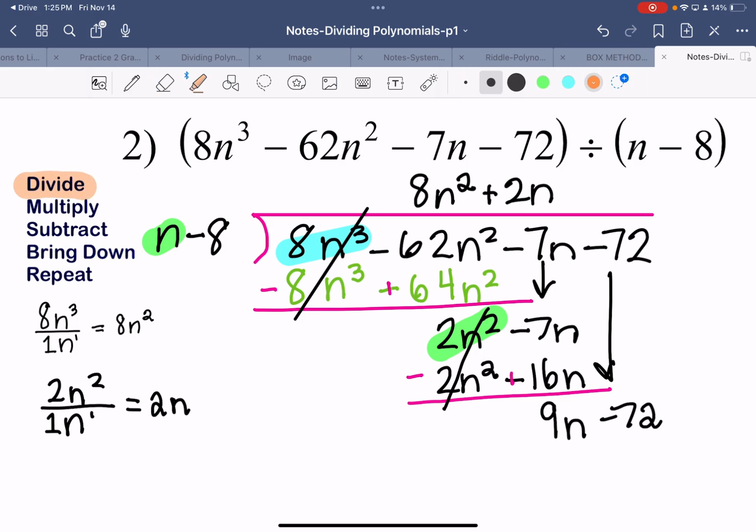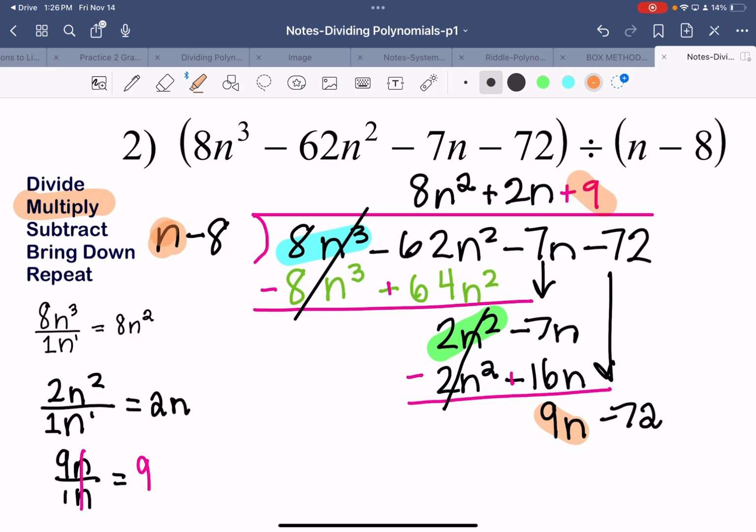So divide. n times what is going to give me 9n. In other words, you're dividing 9n by n. That gives us our n's canceling. And all I get is 9. So here's a 9. Now we're going to multiply.